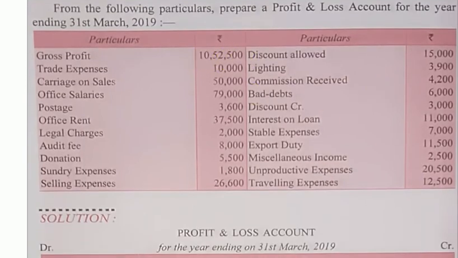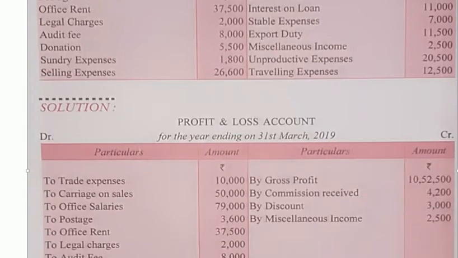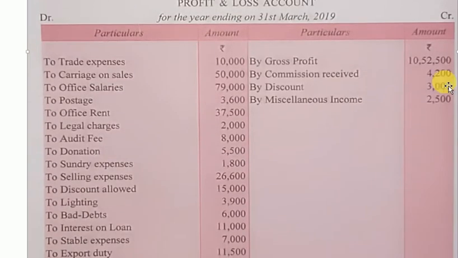So this 10,52,500 will be recorded here as by gross profit, and then we'll record the items given in the question: to trade expenses 10,000, to carriage on sales 50,000, to office salaries 79,000. These are expenses, and as I've told you, all the expenses related to a particular organization will be recorded on the debit side of the profit and loss account, and whatever incomes are received by the entity or organization will be recorded on the credit side.